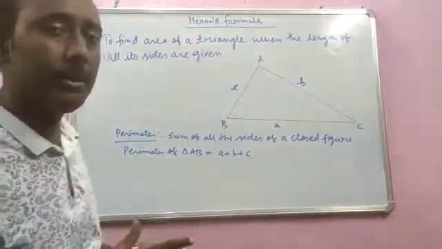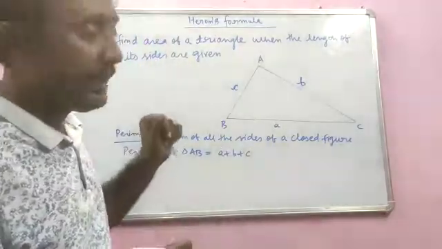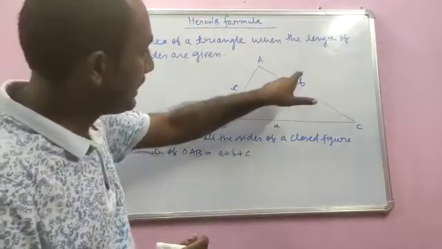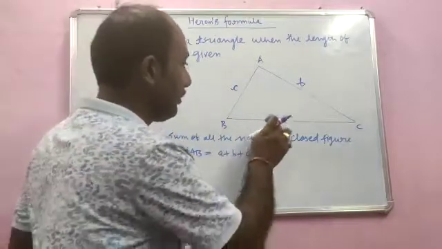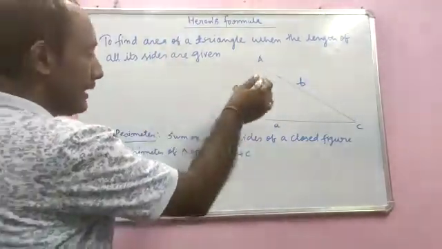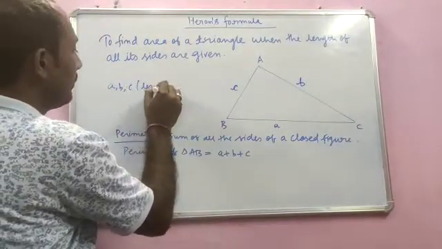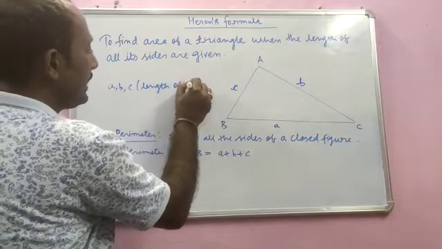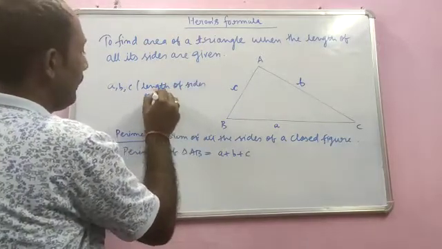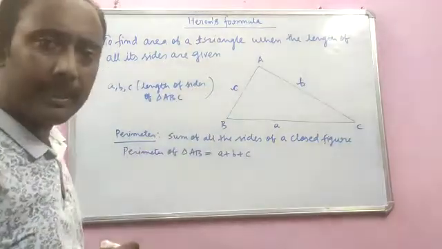Now why am I focusing on the perimeter part? Because in order to find area of this triangle ABC, where length of these three sides a, b and c will be given to you, what are a, b, c here? They are the length of sides of triangle ABC.